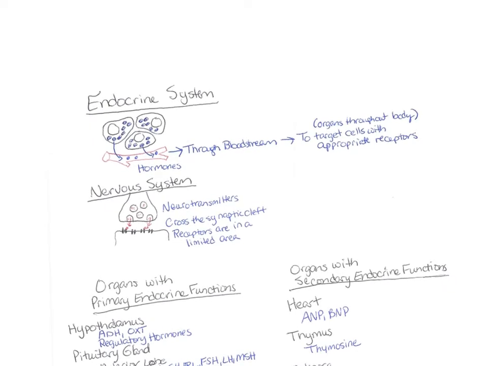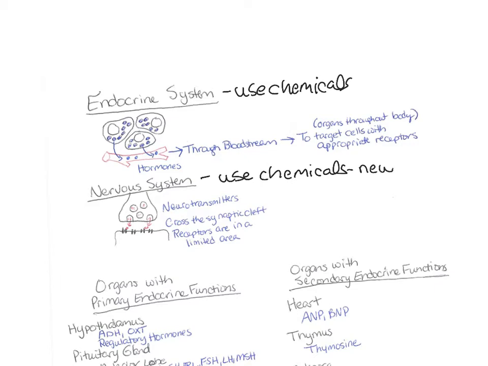So first of all, both of these systems use chemicals as messengers. But the difference is when the nervous system uses chemicals, we call these chemicals neurotransmitters. And when the endocrine system uses chemicals, we call them hormones.